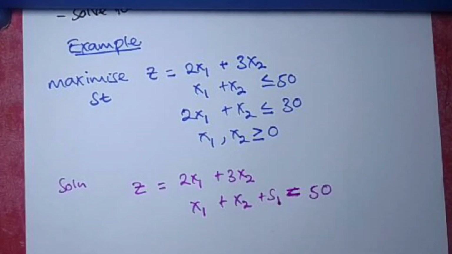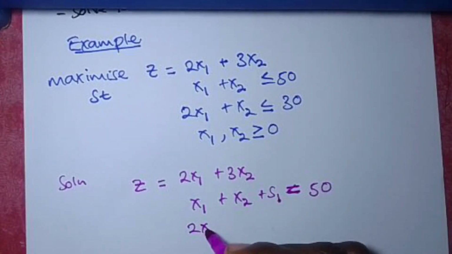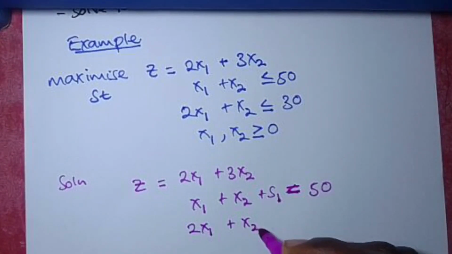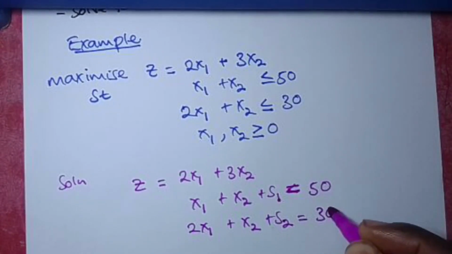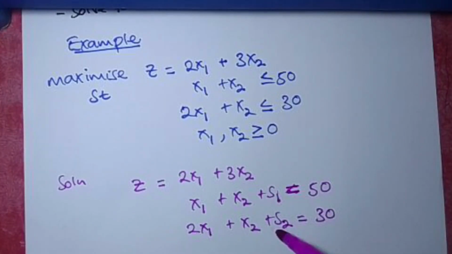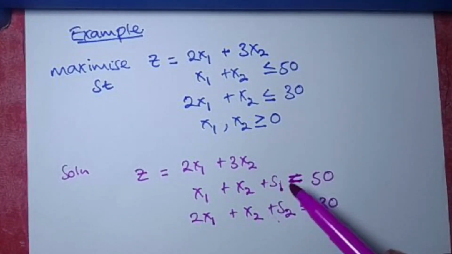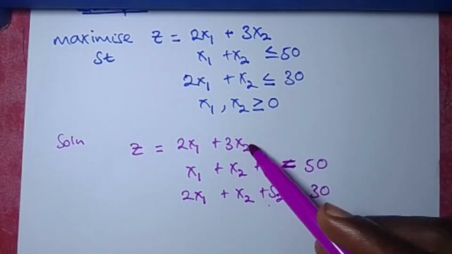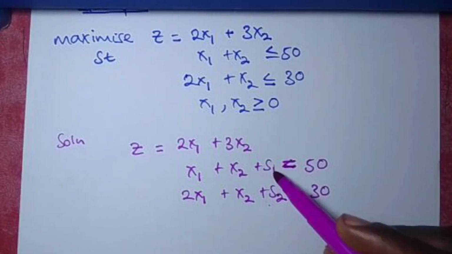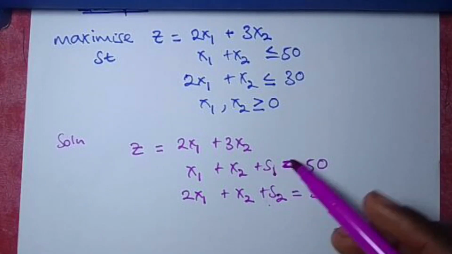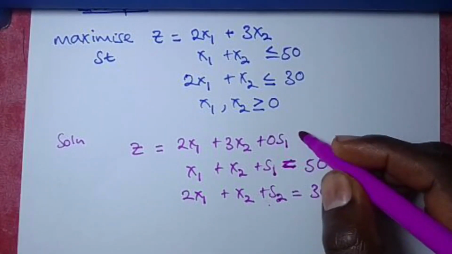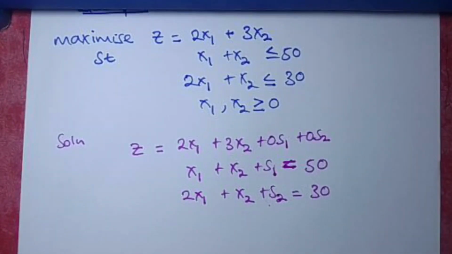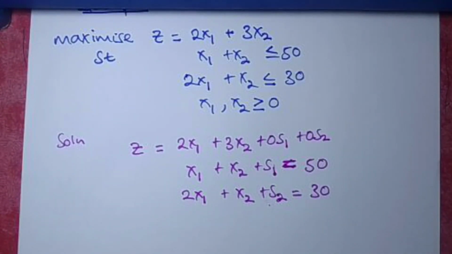Then we standardize also the second expression, which gives us 2x1 plus x2 plus s2 equals 30. Now we take these same slack variables and feed them into the main function, but with zero coefficients. So s1 will be plus 0s1, and s2 will be plus 0s2. Simply like that, we are finished standardizing the expression.